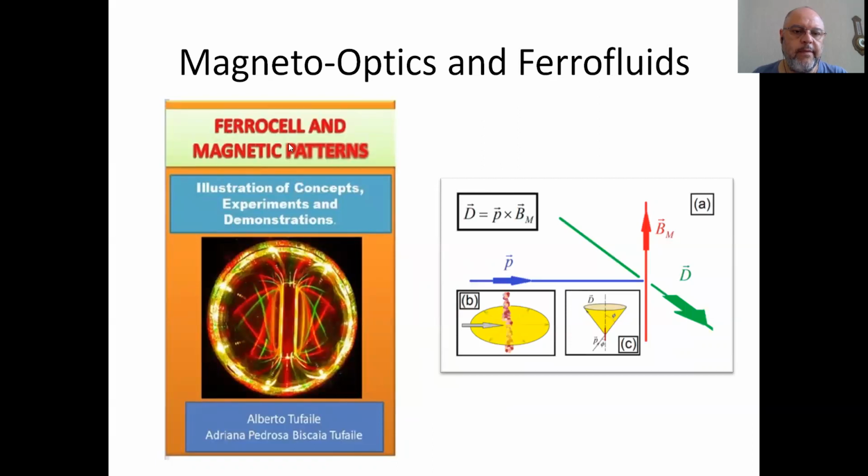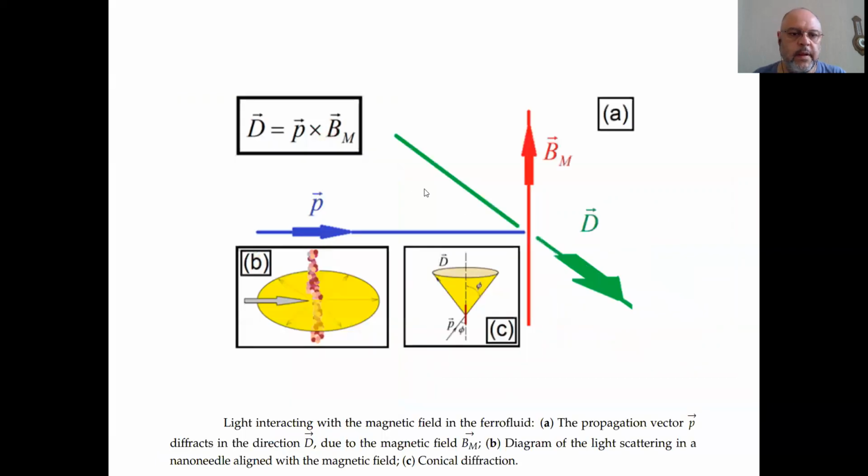And basically, Ferrocell is a thin film of ferrofluid between two glass plates subjected to a magnetic field interacting with light. And you will have some patterns like this. Basically, when light interacts with the ferrocell, it scatters light in some directions. So why?